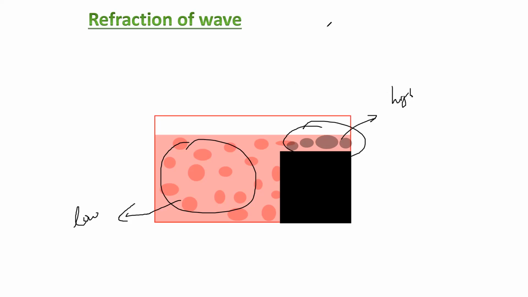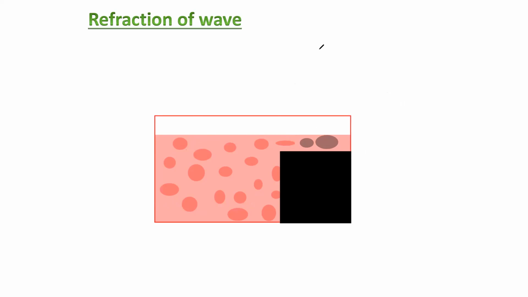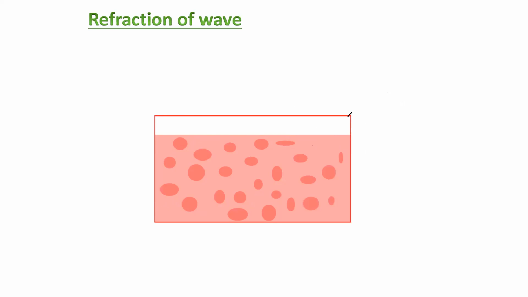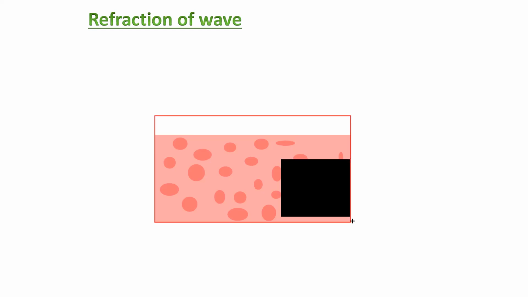Very slight variation is there, because when you place an object inside, there is a very slight variation in the distribution of the particles. Look, this is a uniform distribution, but when I place an object, the level of the water will increase, according to the volume of the object which we add.